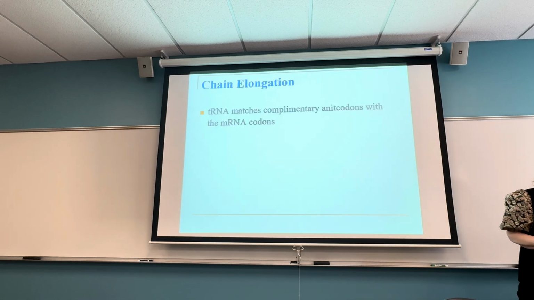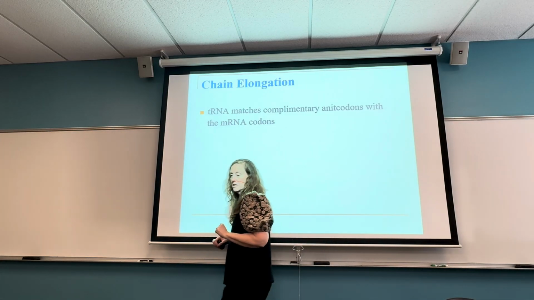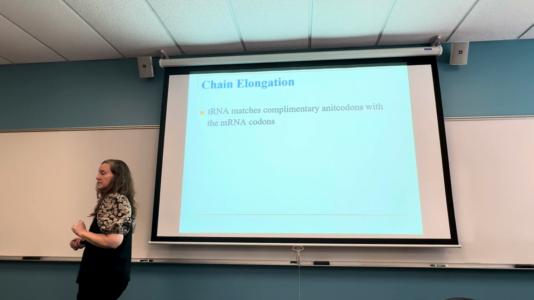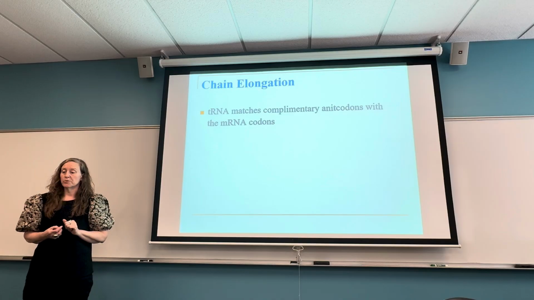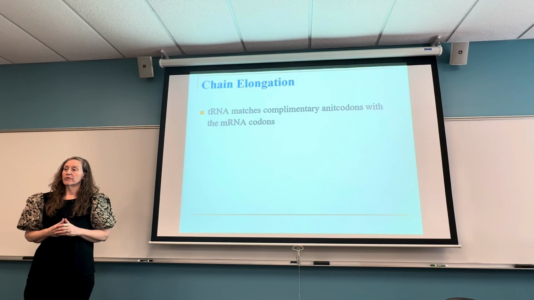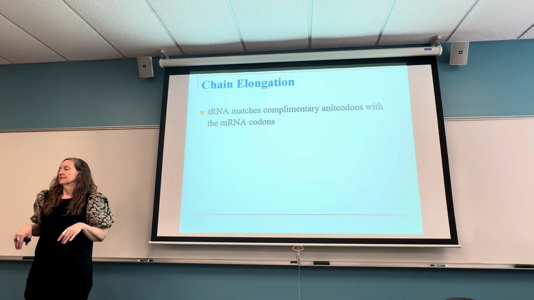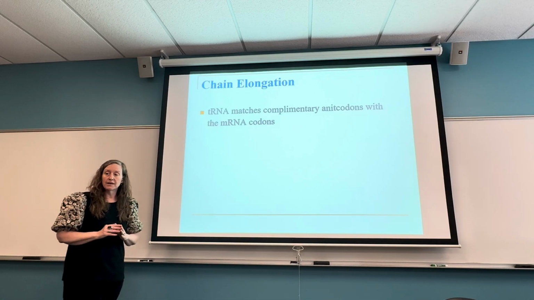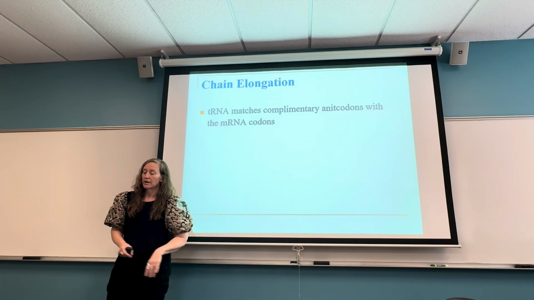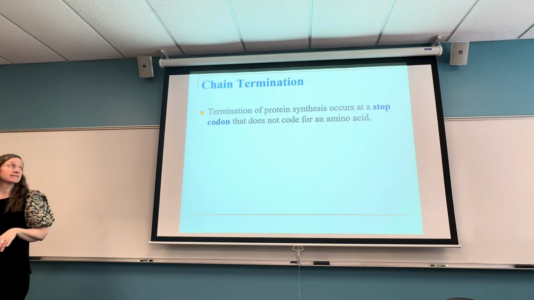They're all merging to begin this process of chain initiation of translation. Then you have chain elongation. So the AUG codes for the tRNA anticodon to bring over methionine, and then the next tRNA brings over whatever the next mRNA codon codes for, and you just keep adding and keep adding those peptide bonds, and everybody moves over one, and it keeps going until you have a chain of amino acids.